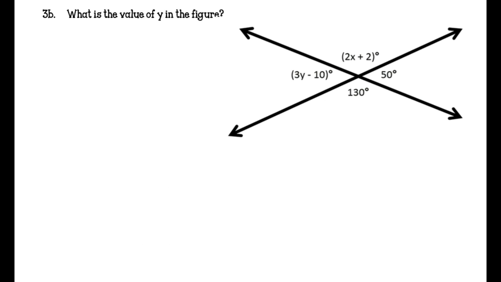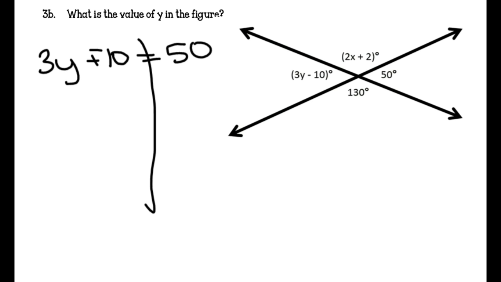Okay, 3b, we have the same figure, but now it's asking for the value of y. We look at 3y minus 10, look across, and it has a vertical angle. So we know that 3y minus 10 is equal to 50. We add the opposite, so since it's a negative 10, we add a positive 10. What you do to one side, you must do to the other.